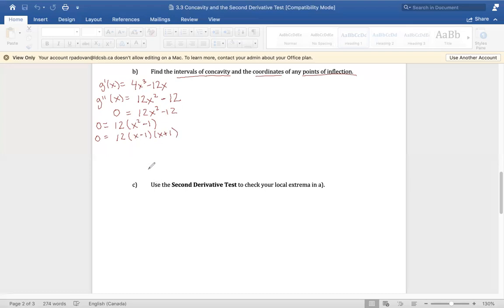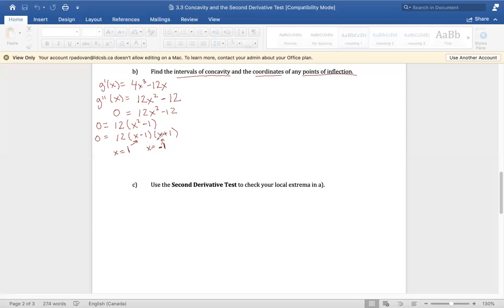So let's get my x values. So here my x would be, again, positive 1, the opposite. Here my x value would be negative 1. Just want to make sure you see that that's a negative, because negative 1 plus 1 would be 0. 0 multiplied by anything would make this statement true, 0.